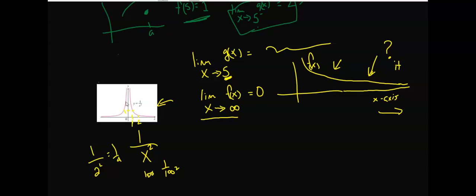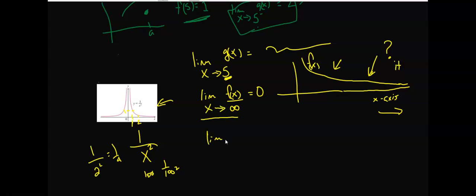If I ask what's happening to f as x goes to infinity, I'm asking about the height of this graph, and the answer is 0 again, just like it was here.